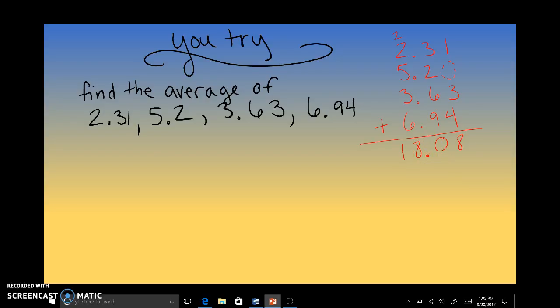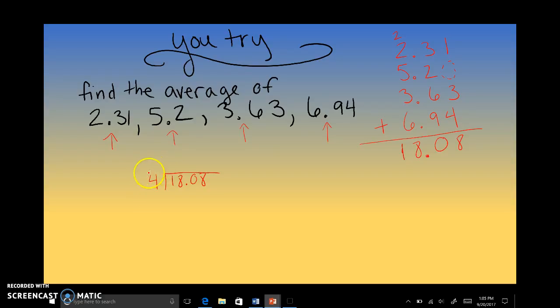So now we found the sum. Next thing we want to do is divide that sum by the number of things we're averaging. So to figure that out, we count 1, 2, 3, 4. We're averaging 4 numbers. So we're going to take that 18 and 8/100ths and divide it by 4.